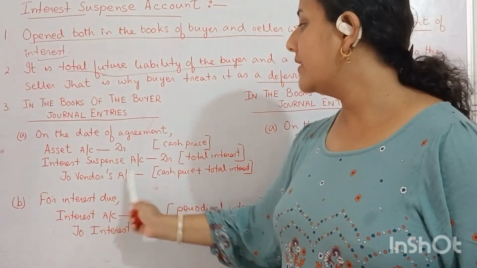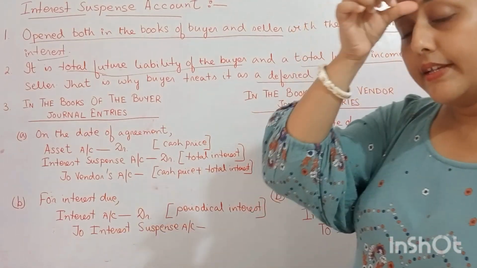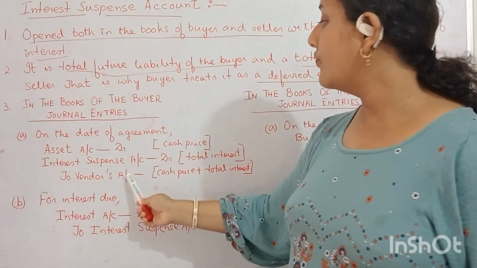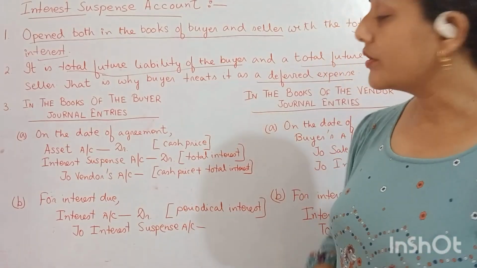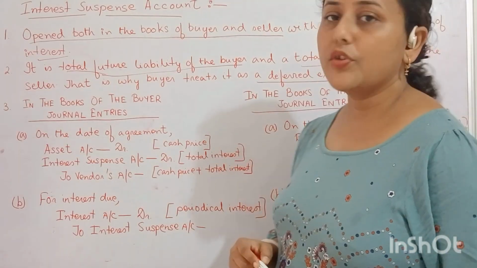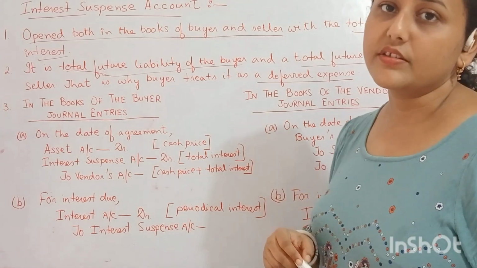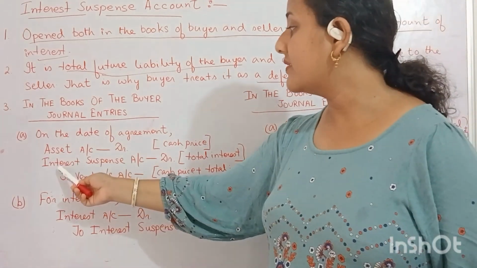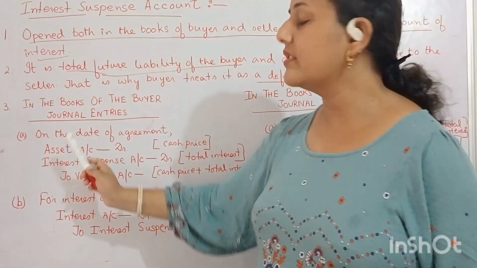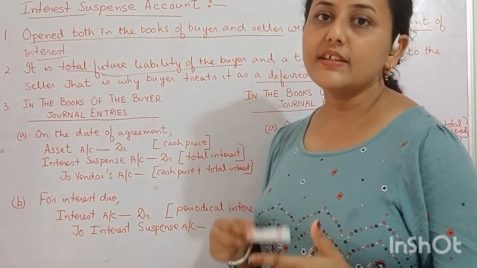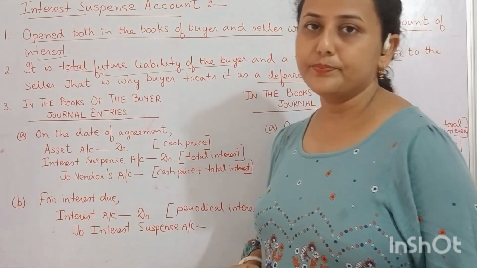Vendor's account, a liability at that time, is credited with the total cash price of the asset as well as the total amount of interest. Interest suspense account is an expense, so its increase should be debited.